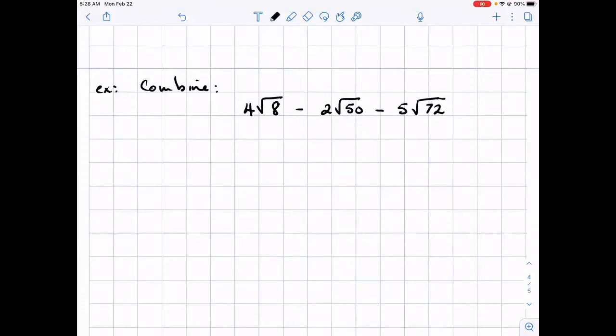So notice my index are all the same. That's the first start. If my index are the same, we're fine. We can simplify this more than likely.